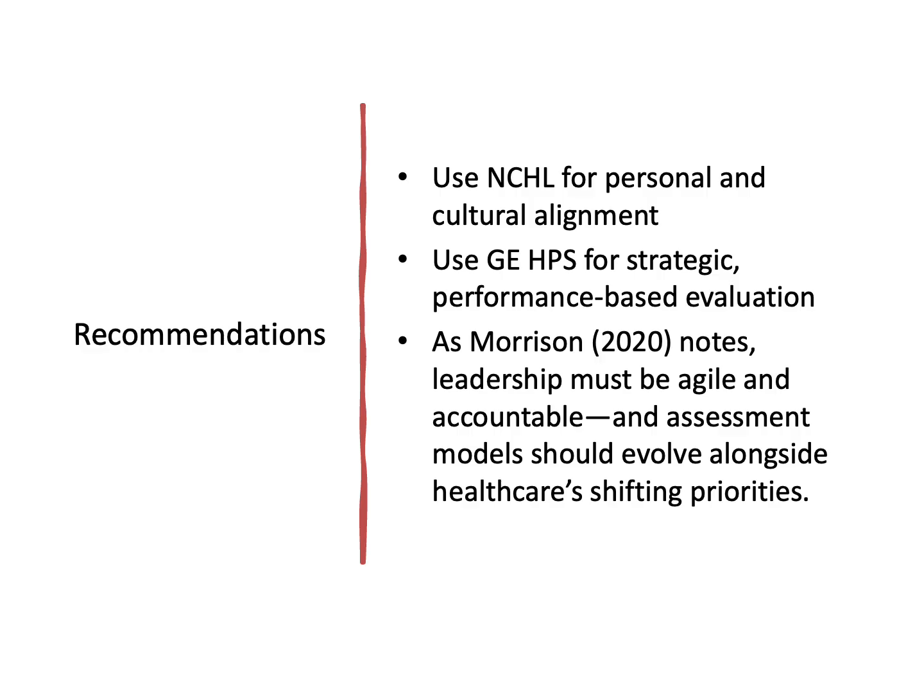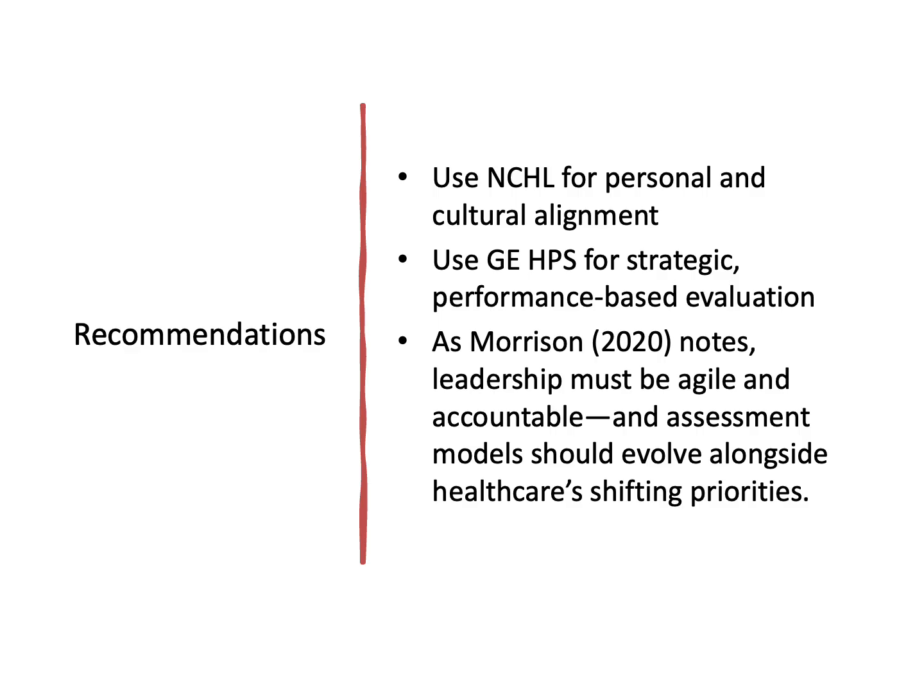Recommendations. The NCHL can be used for personal and cultural alignment, while the GE healthcare model can be used for strategic and performance-based evaluation. Integrating behavior and data can help with recalibrating based on changing goals. I recommend a dual approach for this model.